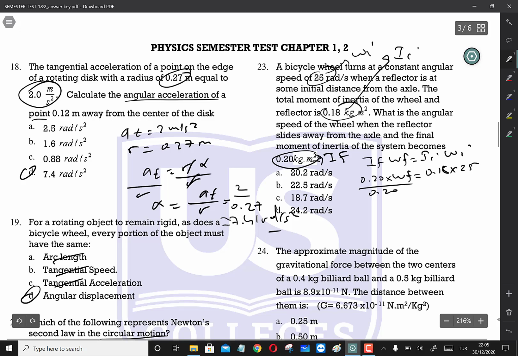Divide by 0.20 on both sides. So omega final becomes 0.18 multiplied by 25 divided by 0.20, which is equal to 22.5 radian per second. B.